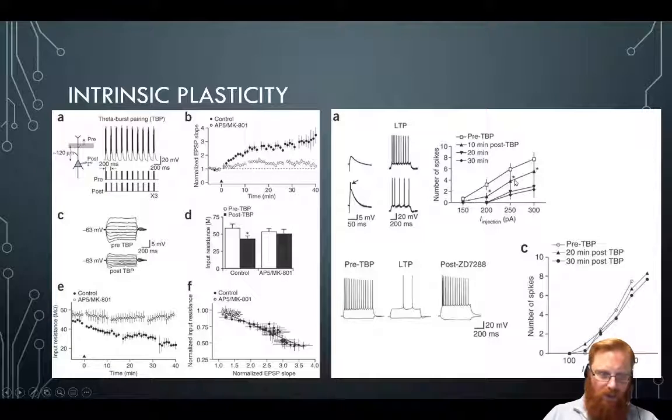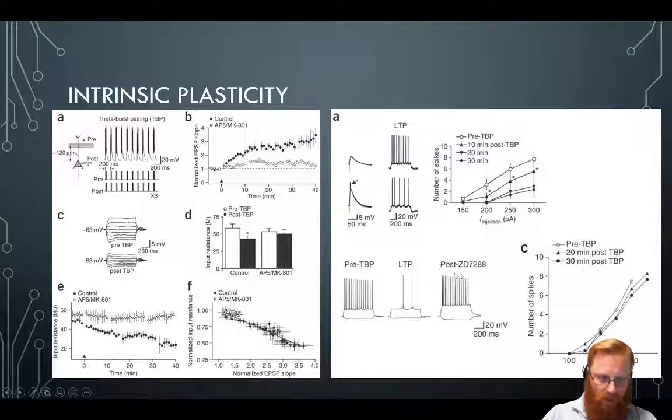Here they are doing an IF curve, an input output curve. Here's the injection, here's the spike, and they see that over time this curve shifts to the right. So the cell is getting less excitable, even while the synapses are getting stronger. And what they show is here it is prior to the theta burst pairing. Here it is after it, so you can see that they used to get a big train of action potentials, and now they only get one or two.